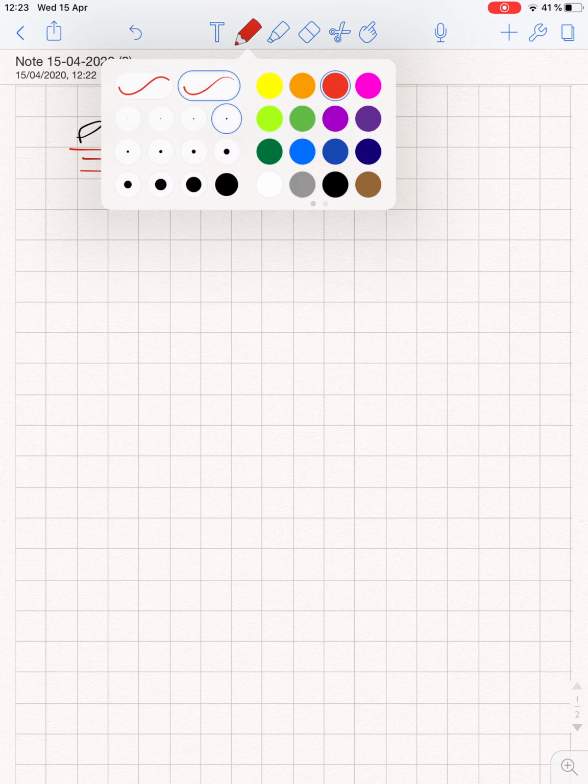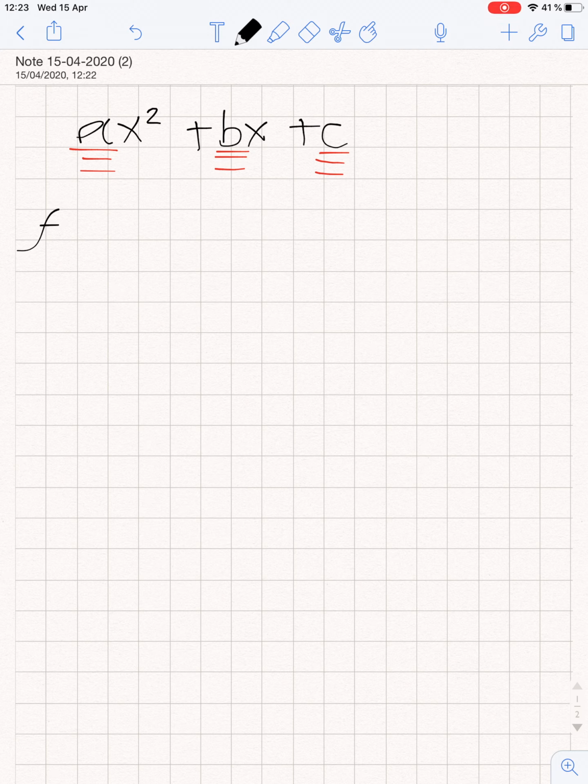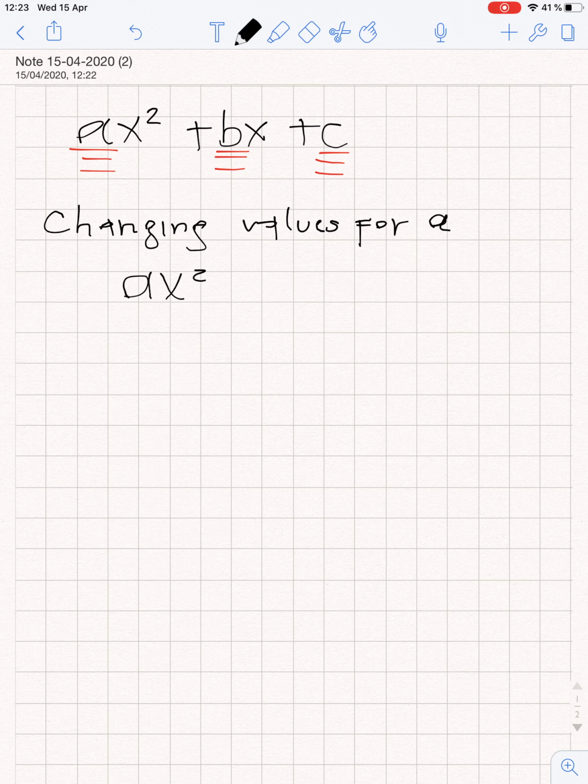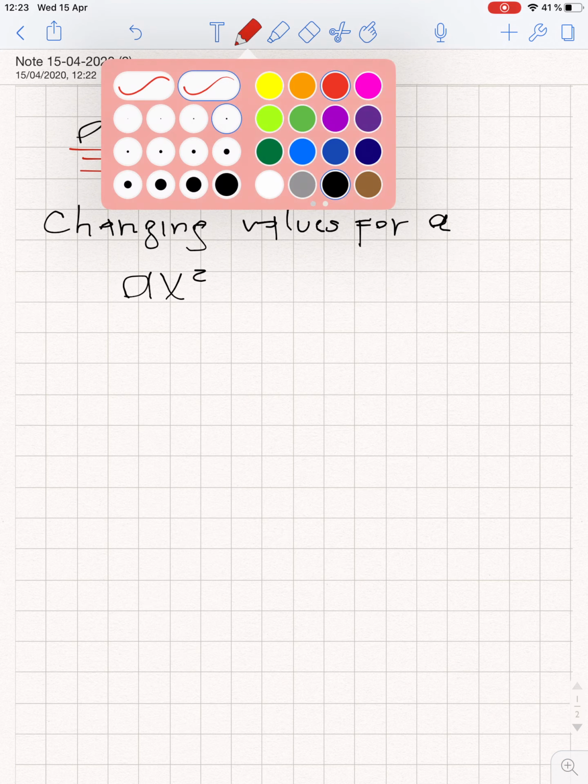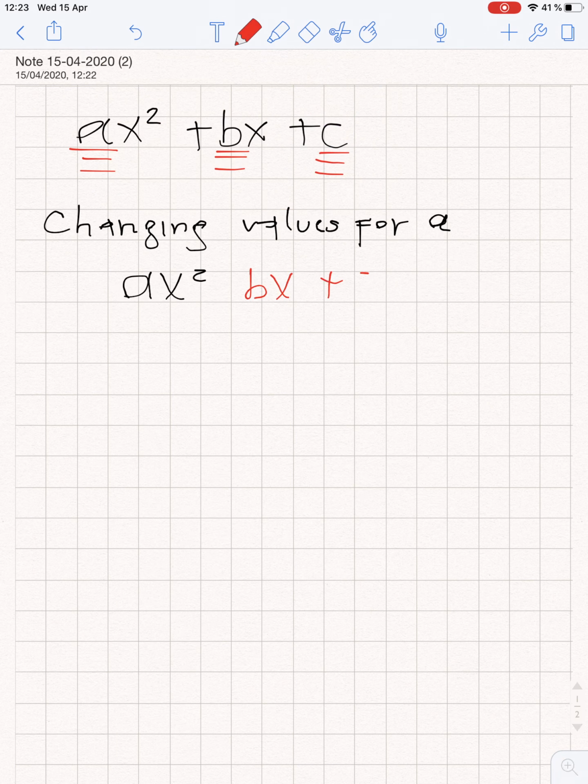First, we're going to explore changing the values for a. In this case, I'm going to take only the part of ax squared. I'm going to ignore bx plus c. I will not take into consideration this part of the expression, only ax squared.